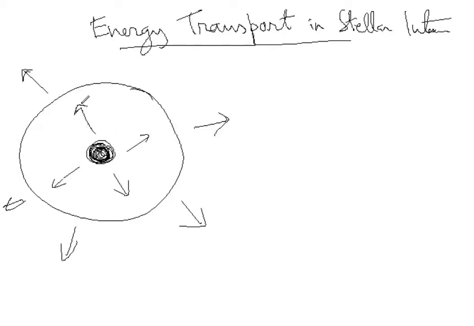Now, this represents an outward energy flux, high to low, at every layer in the star, and it requires an effective means of transporting energy through the stellar material.